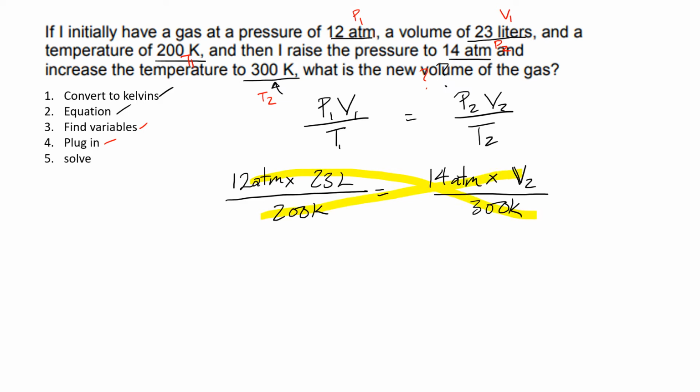So just multiply them across. Here, this becomes 12 atm times 23 liters times 300 K is equal to 14 atm times V2 times 200 K.